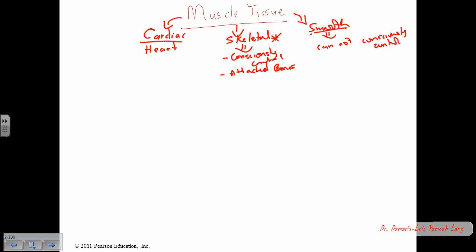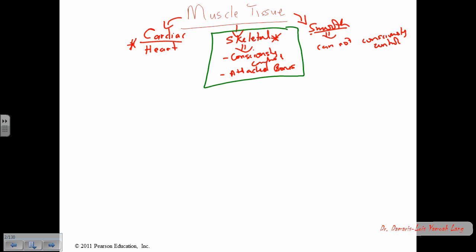Smooth muscle, we cannot consciously control, just like cardiac muscle, but smooth muscles are not cardiac muscle. They are muscles like the stomach muscle, intestinal wall muscle, and the muscles on the walls of the blood vessels. So today what we are going to concentrate on is just skeletal muscle tissue.